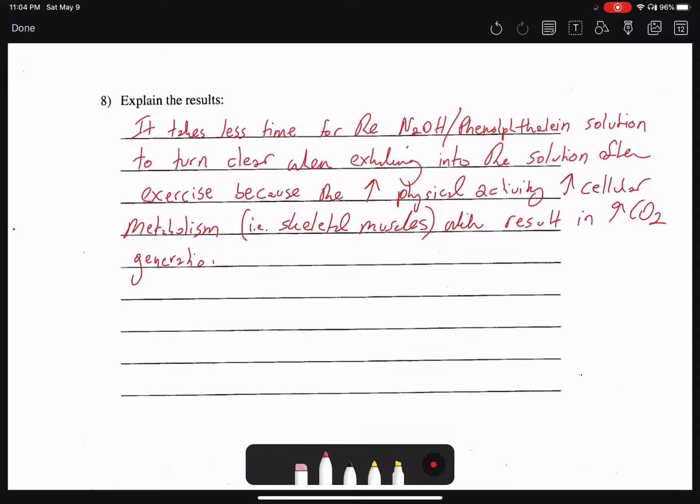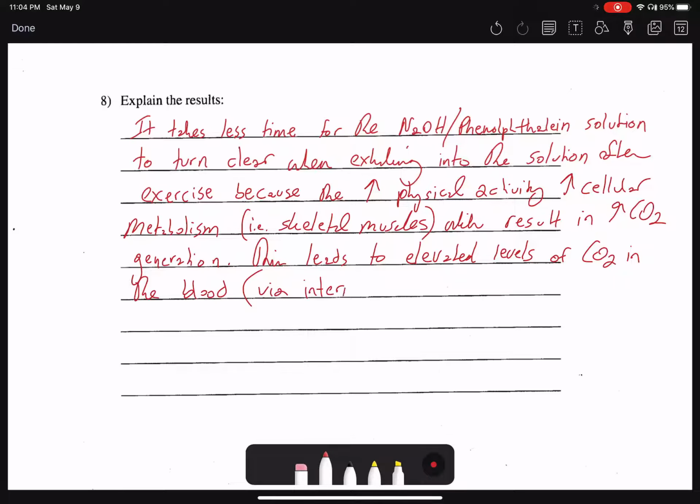Because the increased metabolic activity in the skeletal muscles results in the increased consumption of oxygen, in return you're also going to get more CO2, right? So this leads to elevated levels of CO2 in the blood, and this is via internal respiration.